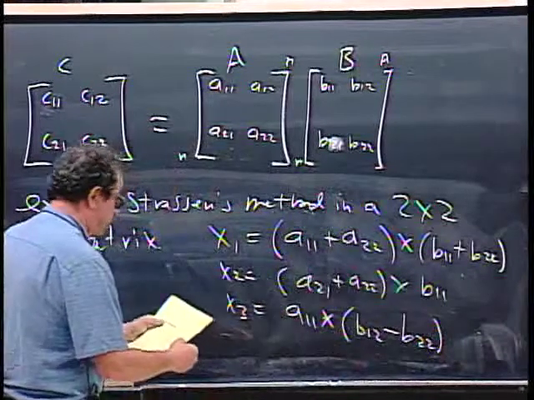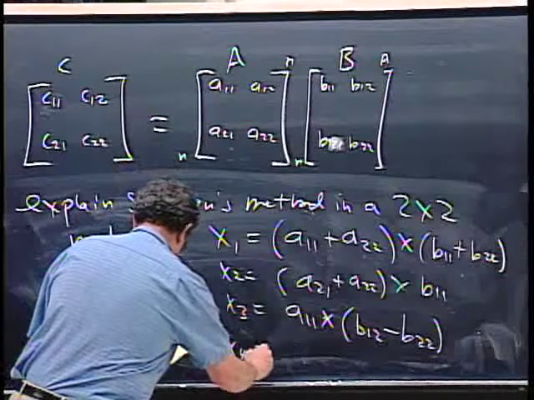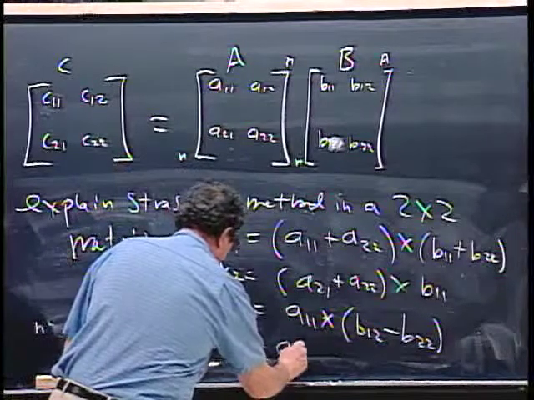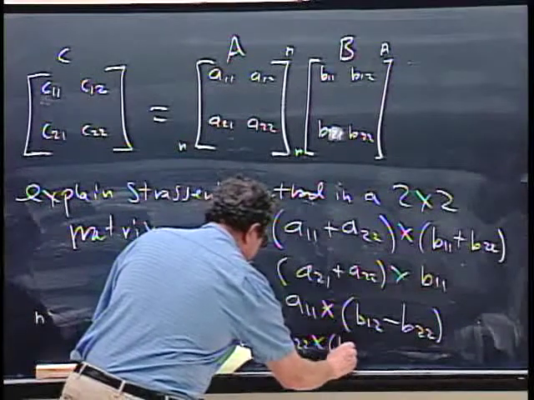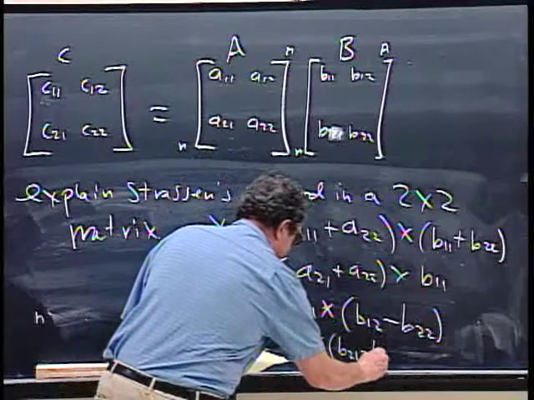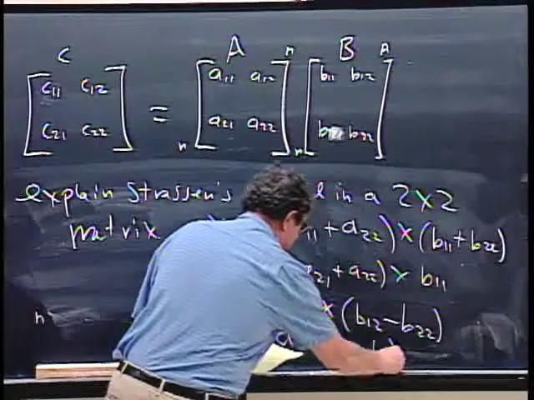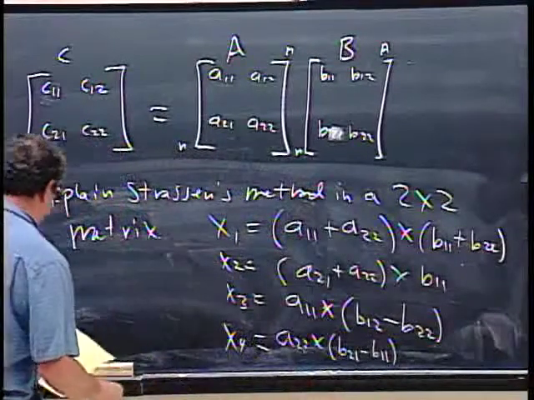And then X4, hopefully everybody can read this, X4 is equal to A22 times B21 minus B11. Okay? And in Strassen's method, there are actually 7 of these.